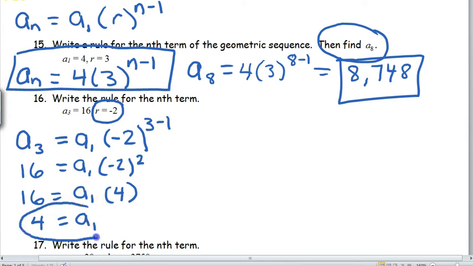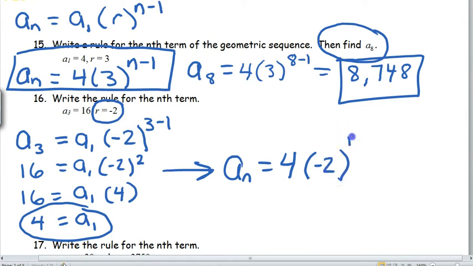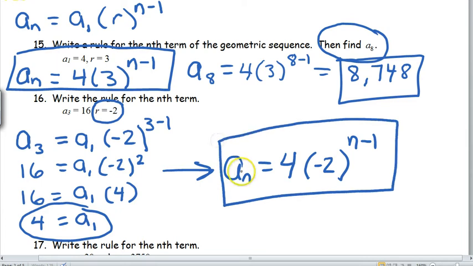So now I've got A1 and I've got R. That means now I can write the answer. AN equals 4 times negative 2 to the n minus 1 power. Okay, that's number 16. Any questions on that?